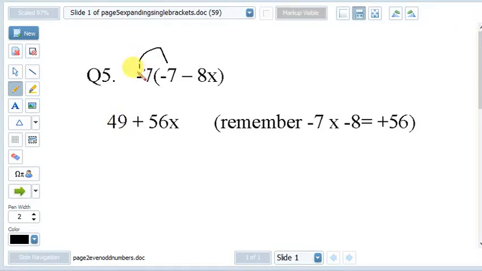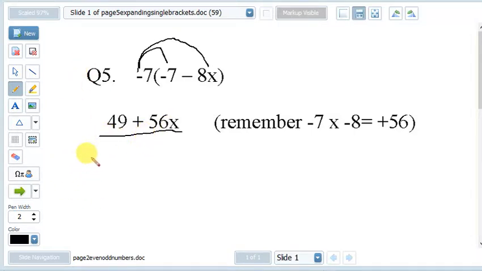Next, we do this negative 7, the one outside the bracket, times the negative 8. Negative times a negative is a positive. 7 times 8 is 56, and then we add on the x. So that becomes 49 plus 56x.